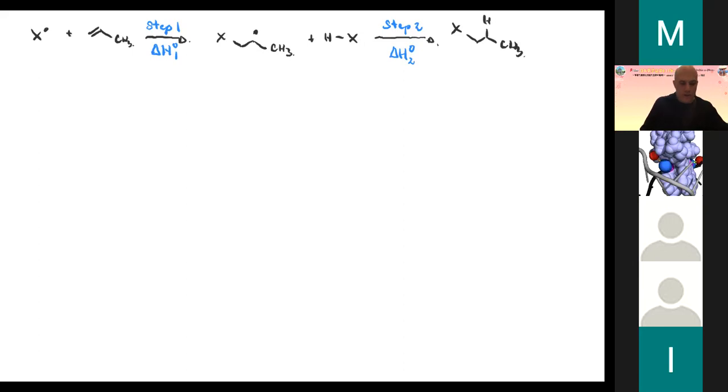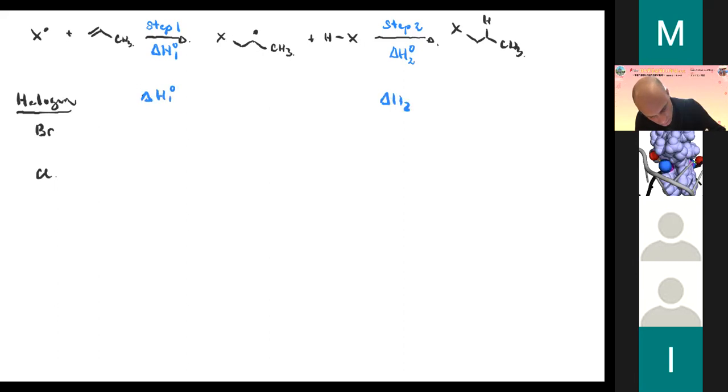The reason I wrote it like this is we can now calculate a delta H for step 1 and step 2 using both chloride and bromide. So we're going to make a small table here where I've got my halogen, so Br and Cl, and then I'll calculate delta H1 and delta H2, okay?